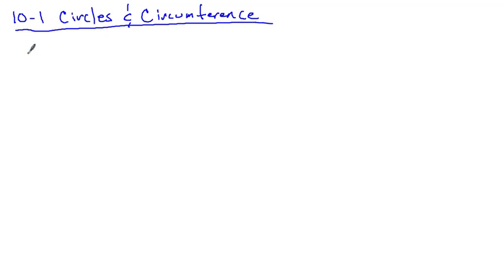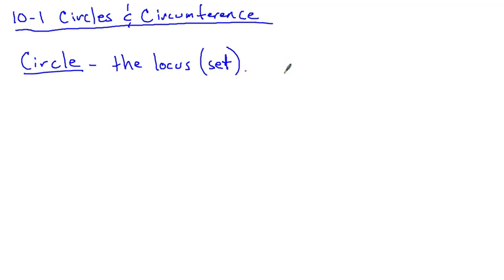So we're going to start out with something you already know, but we're going to be a little more specific about it. It's the definition of a circle. A circle is the locus, and that may be a new word for you, but it's one you're going to hear a lot. A locus just means a set.